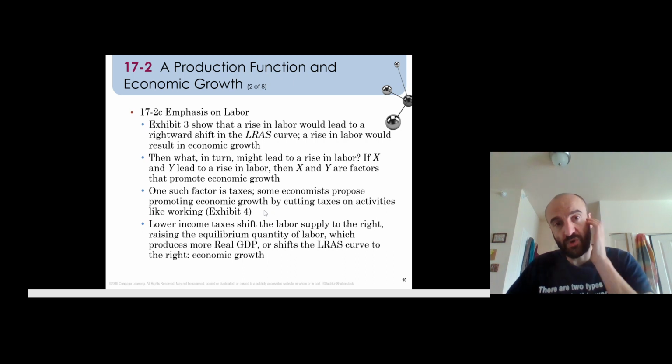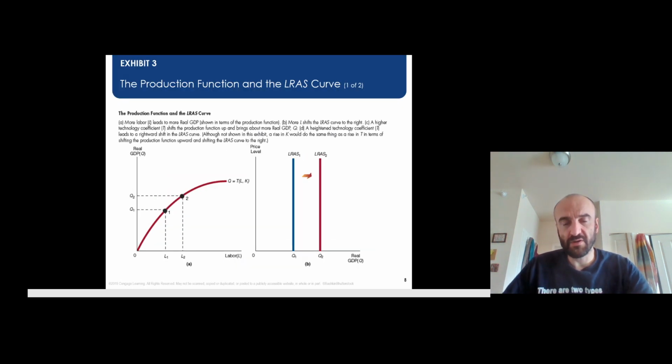Now, labor. What are the factors that may influence the quantity of labor? So I was talking here about the changes in quantity of labor in a rather imprecise fashion that left the impression that this might be just people working more or having a higher population and so on.